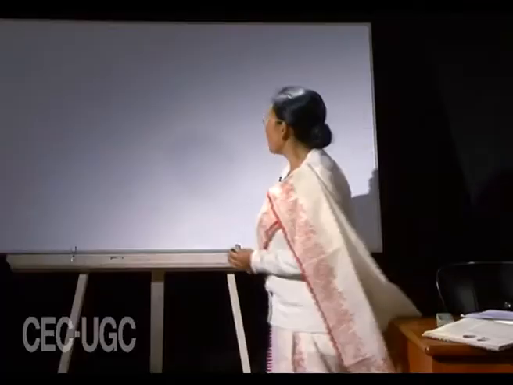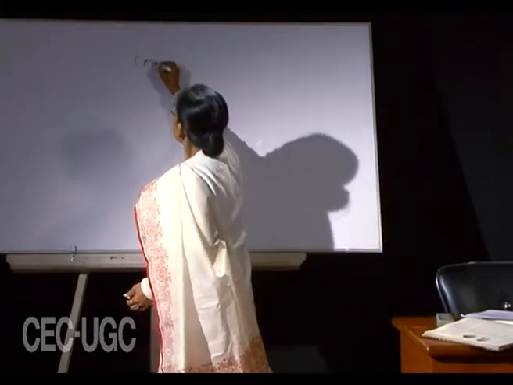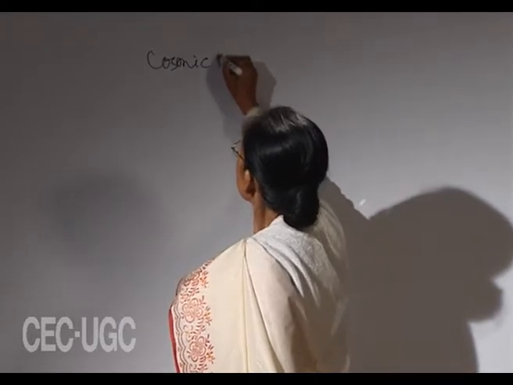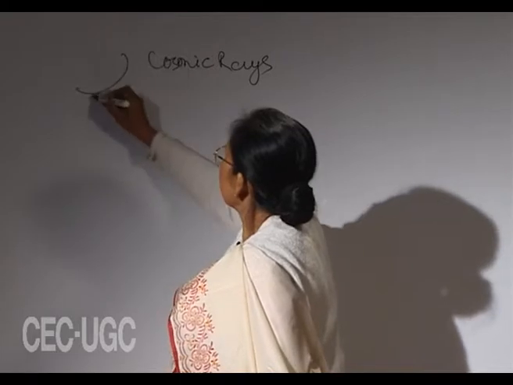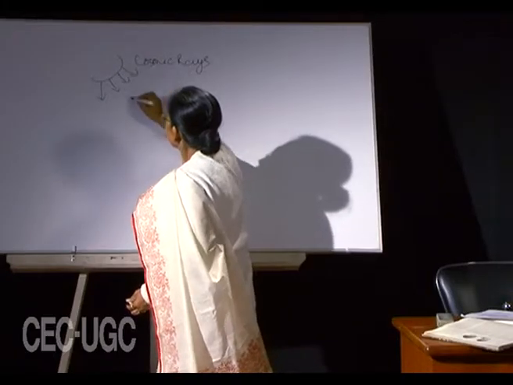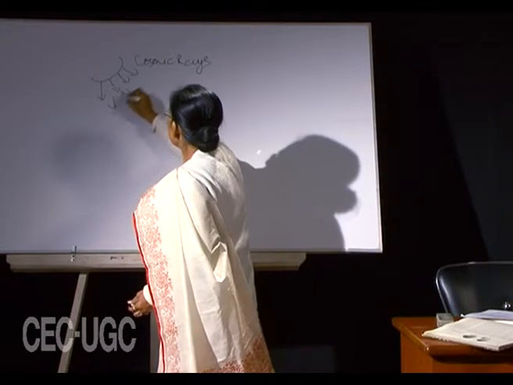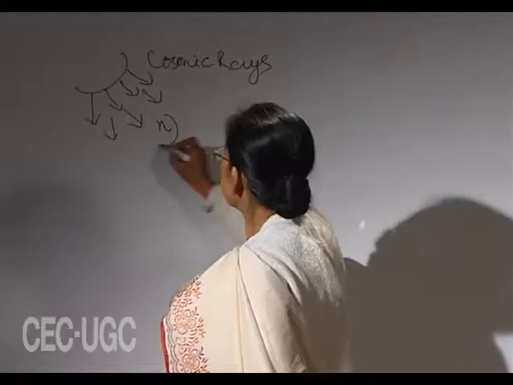The basic principle of the method is that cosmic rays produce neutrons in the atmosphere. For example, cosmic rays react in the atmosphere and produce neutrons.